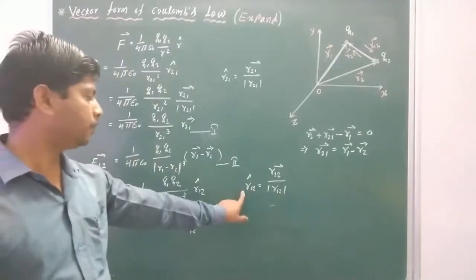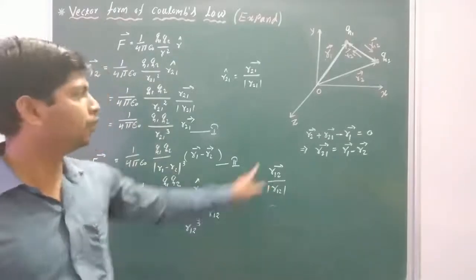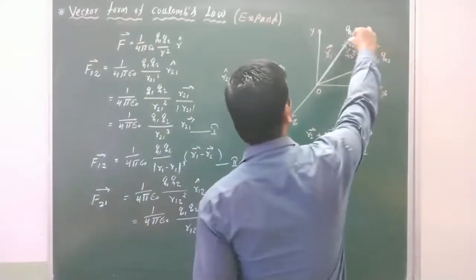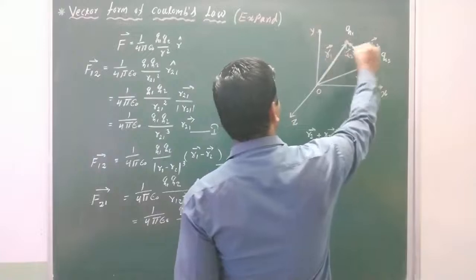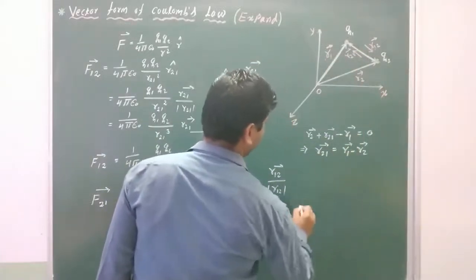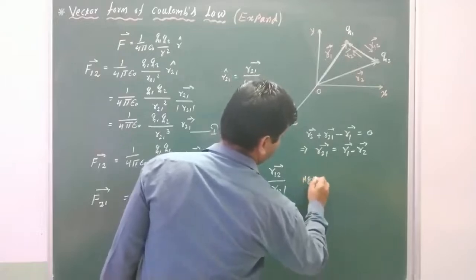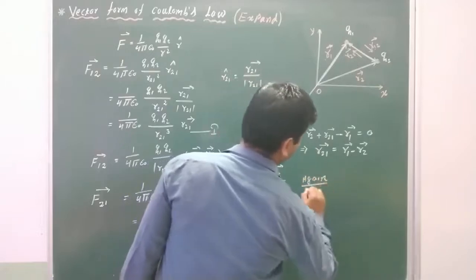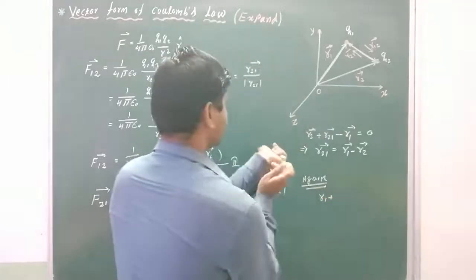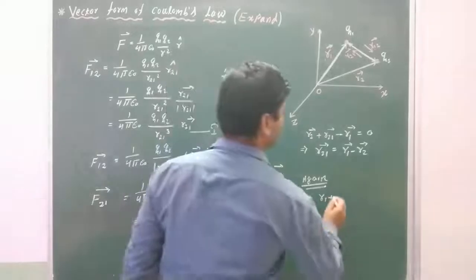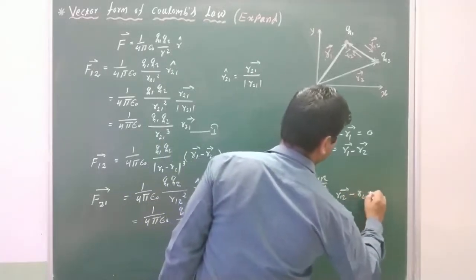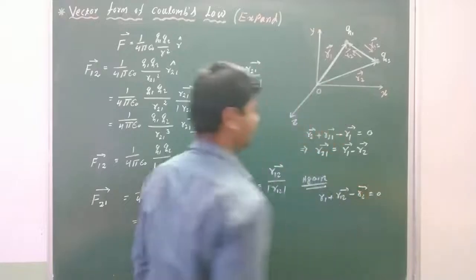If I apply this R12 from the diagram, similarly I can write R12 is from 1 to 2. That means R1 plus this one is equal to this one. That means from the diagram, again that is R1 plus R12 minus R2 is equal to 0.